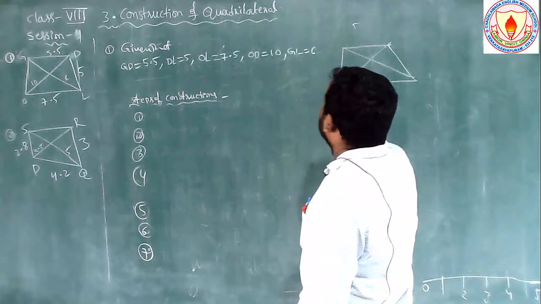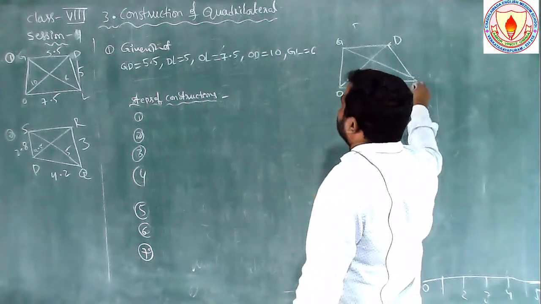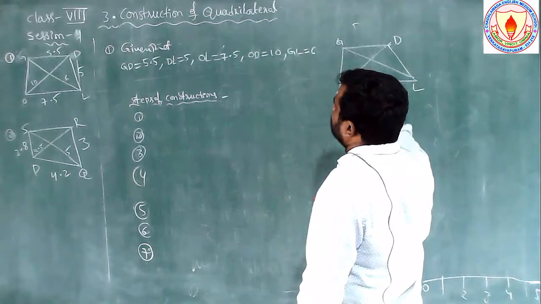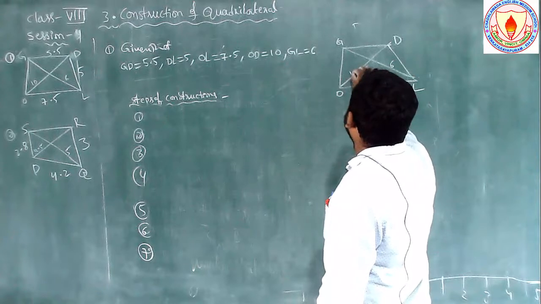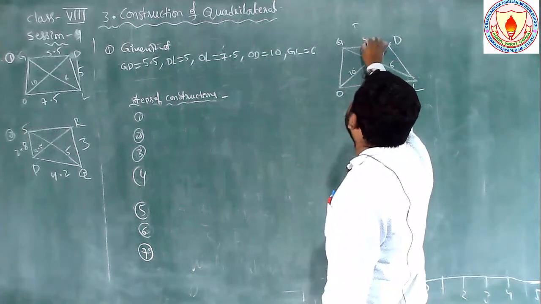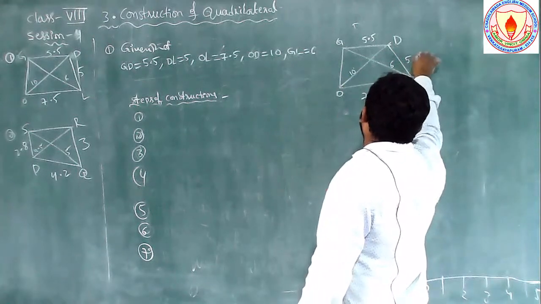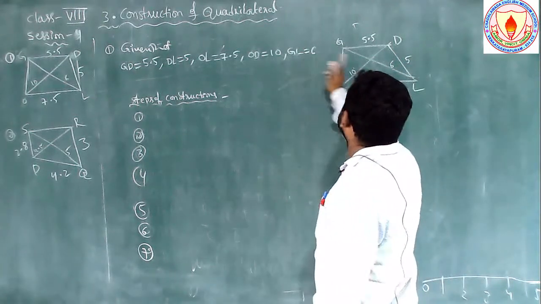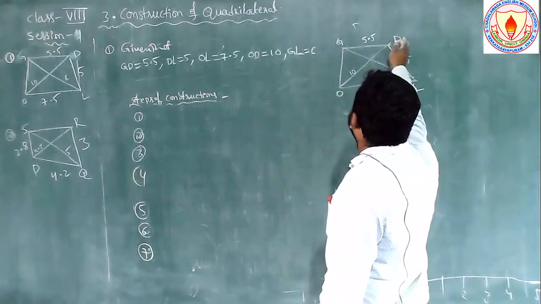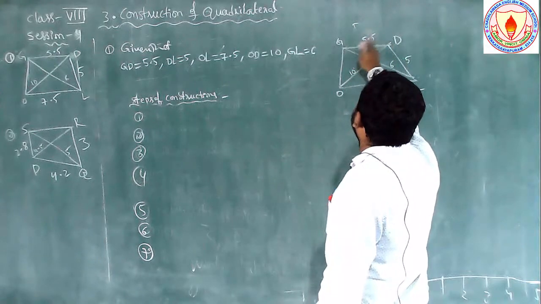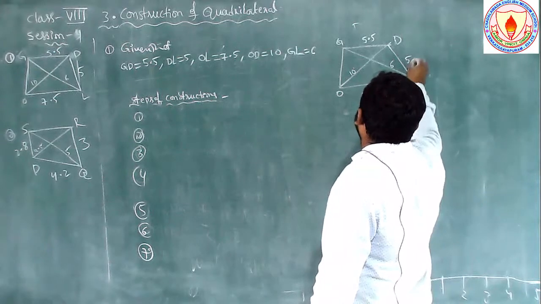That is G, D, O, L, 7.5, and one diagonal 6, GL 6, and another diagonal OD 10 centimeters, and GD 5.5 centimeters, and DL or LD 5 centimeters.